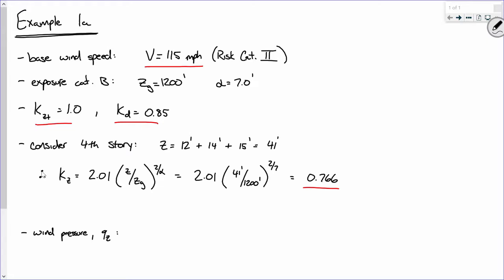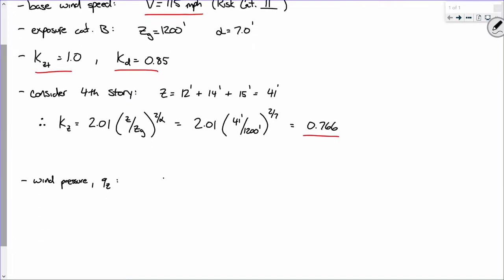So we'll say wind pressure qz is as follows. So qz equals 0.00256 times, actually, let me write it out. So Kz, Kzt, Kd, V squared.